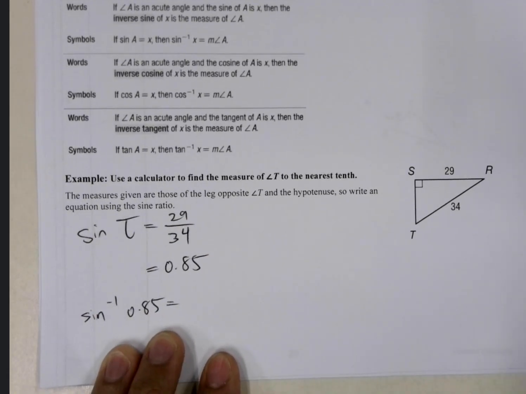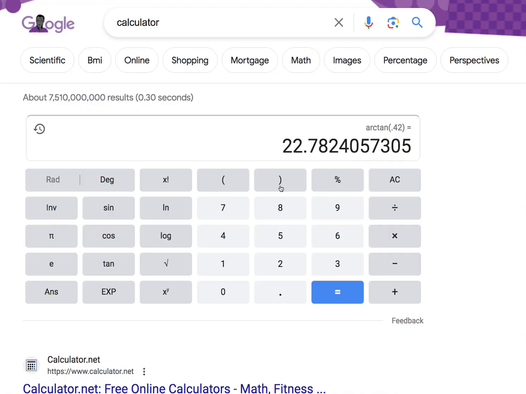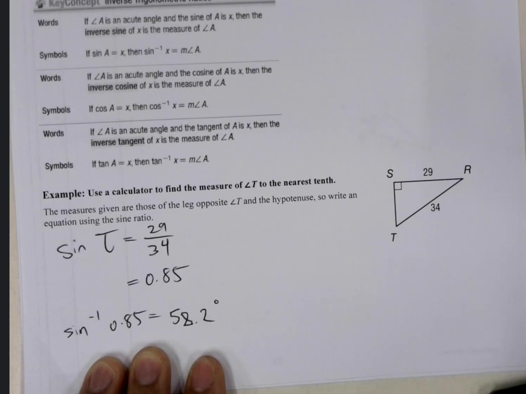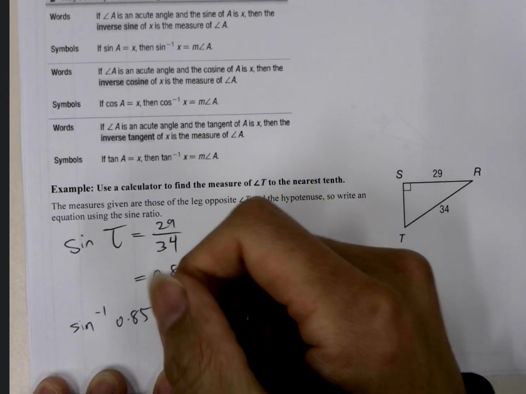And that will give us the degrees. So let's go back to our calculator, and we'll do the inverse sine of 0.85. Make sure we're on degrees and not radians. Classic mistake. We'll hit enter, and it's 58.2 degrees, like so. And we're done.